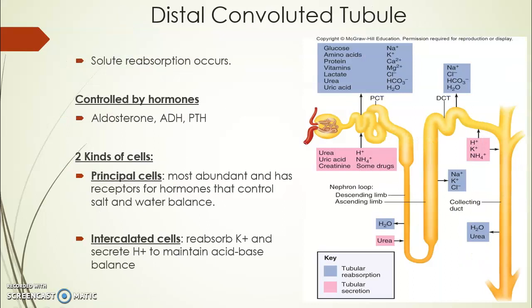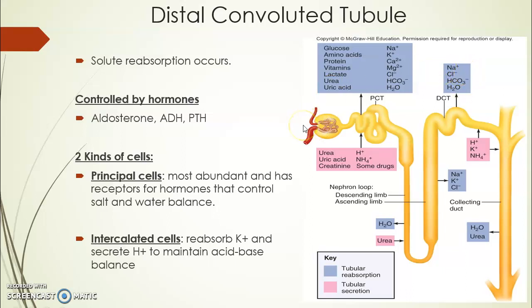Now, furthering on from the loop of Henle is the distal convoluted tubule, which is going to be controlled by those hormones that we were talking about before. If you remember, the aldosterone, the antidiuretic hormone, and the parathyroid hormone, which is necessary for calcium.